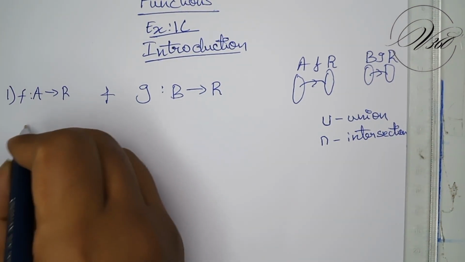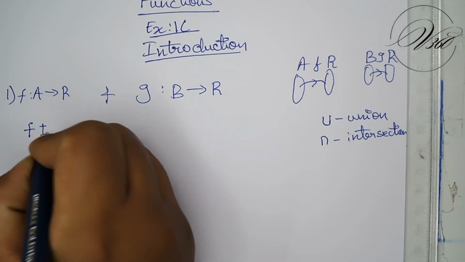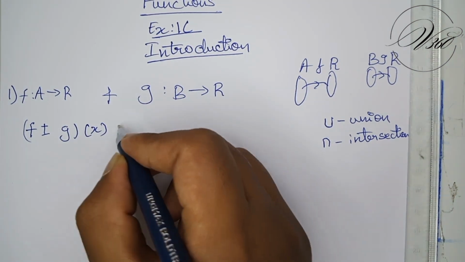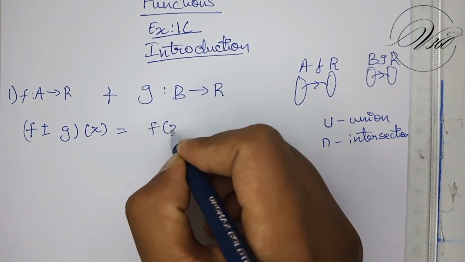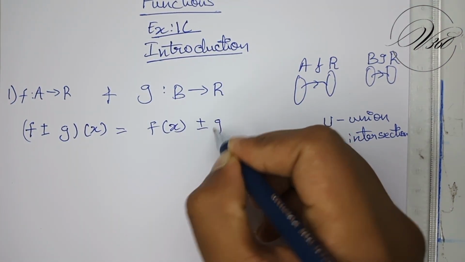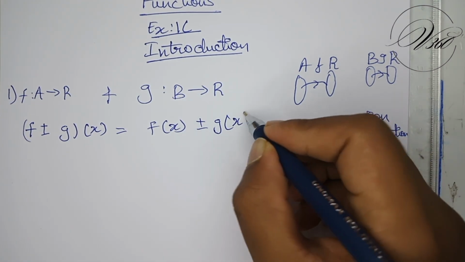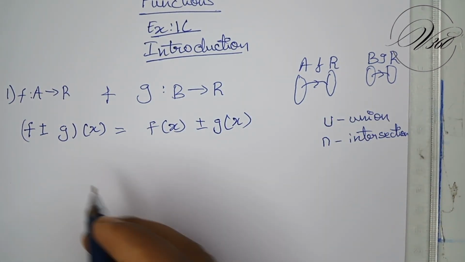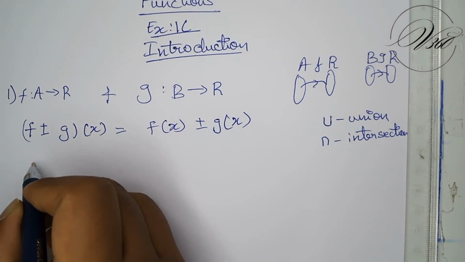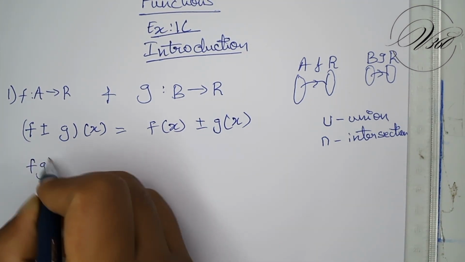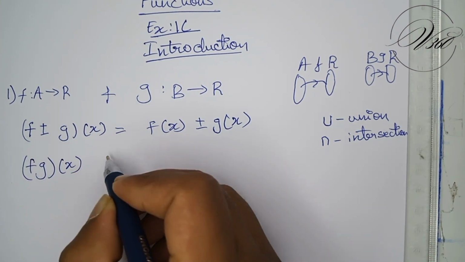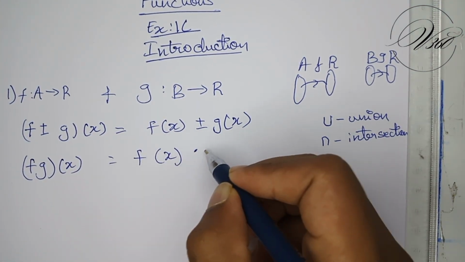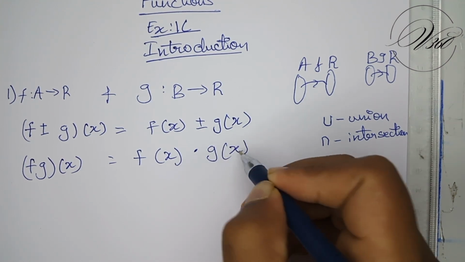Now we will start the formulas, that is f plus or minus g of x is equals to f of x plus or minus g of x. Okay, now this is the first formula. Now the second formula, that is fg of x is equals to f of x into g of x.